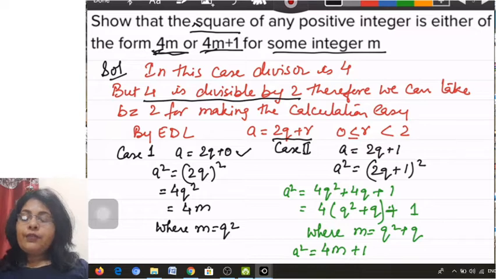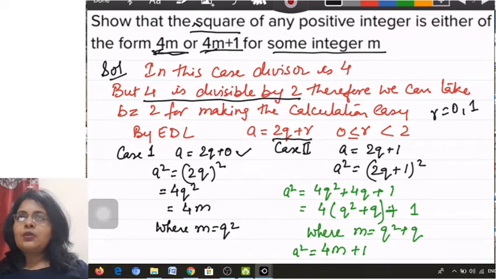Now we are having only two cases because r is less than 2. r is equal to 0 and 1. So the second case will be a equal to 2q plus 1. Now a square equals 2q plus 1 whole square. Just we will use the identity for a plus b whole square. What is a plus b whole square? a square plus 2ab plus b square.